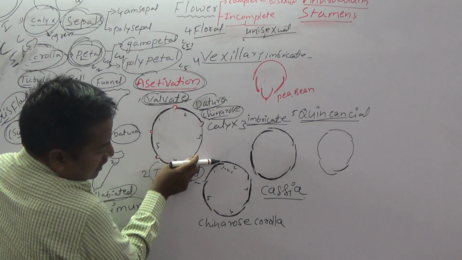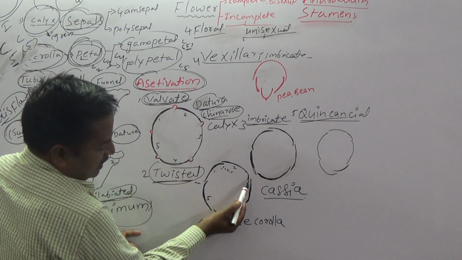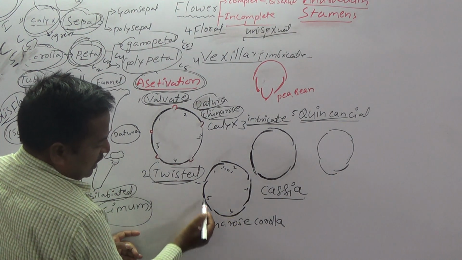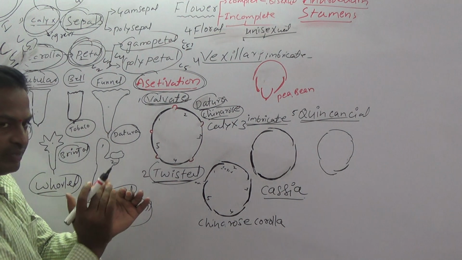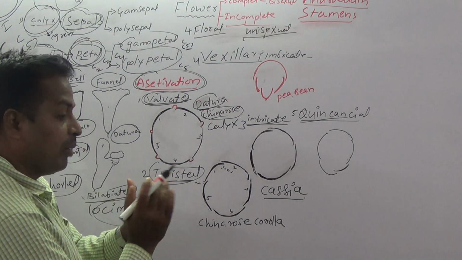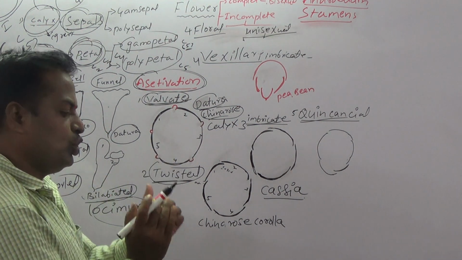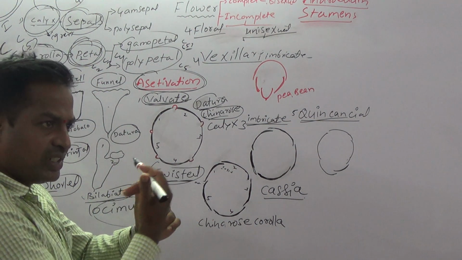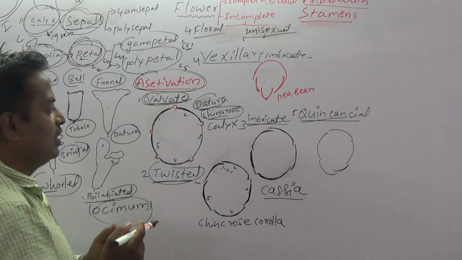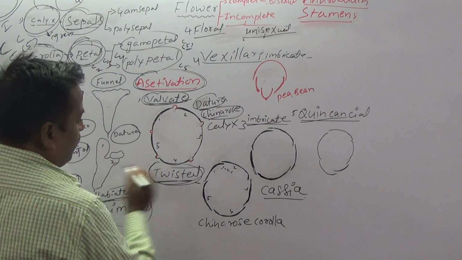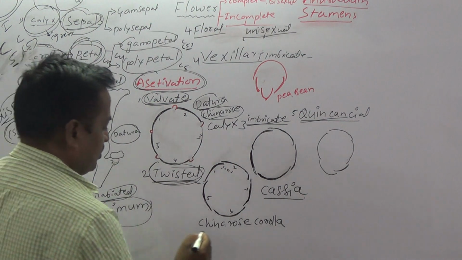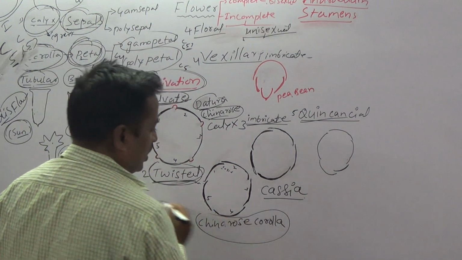Now this is the outside position, and this is the inside: outside, inside, outside, inside. One sepal overlaps another sepal. Due to the overlapping in order, one sepal is inside and one sepal is outside. That type of arrangement is known as twisted aestivation. It is reported in the corolla of China rose.